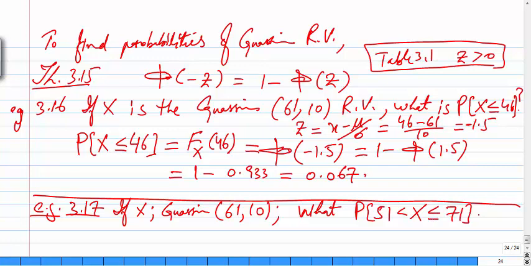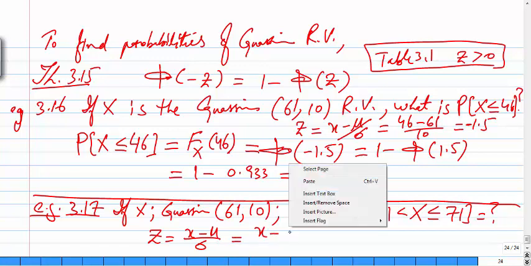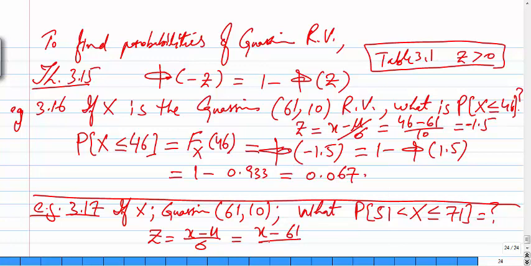So this is the question. Now we apply the formula, z is equal to x minus mu divided by sigma. So it becomes x minus 61 divided by 10.